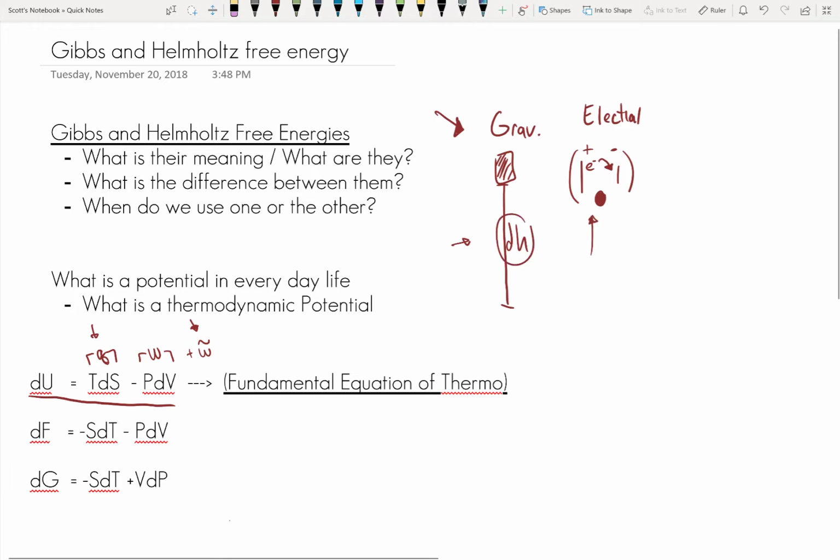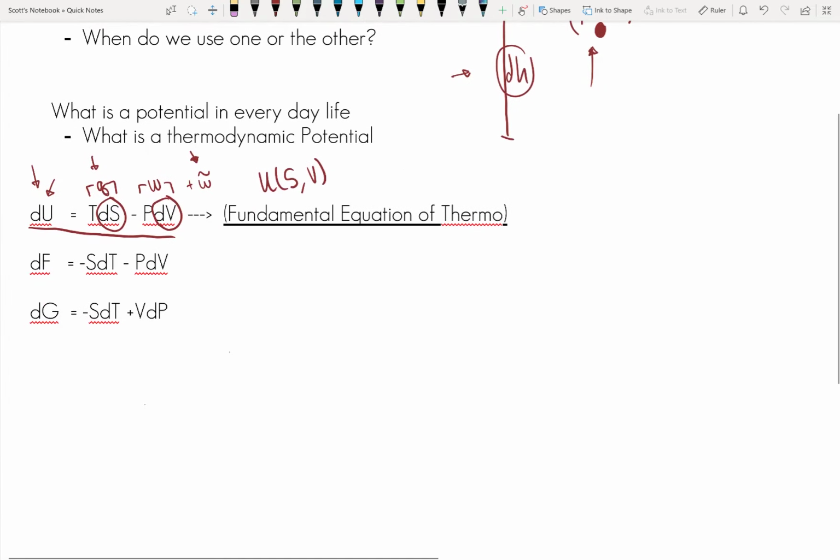But when it comes to internal energy, if I knew how the entropy changed and the volume changed, then I could relate how the internal energy is changing to those two changes. And so we see that internal energy's natural variables are entropy, S, and volume, V. And so if we knew how a system behaved with entropy and volume, then it would be very easy to track the internal energy.